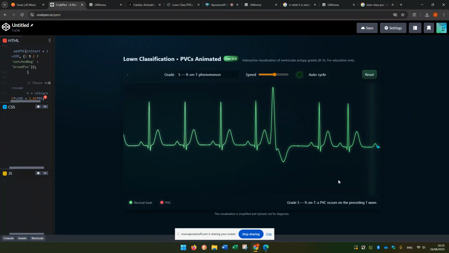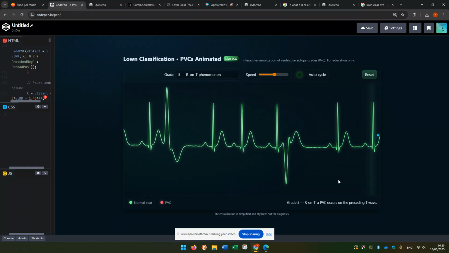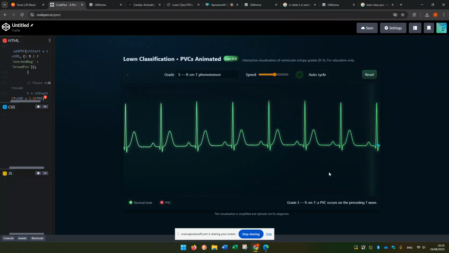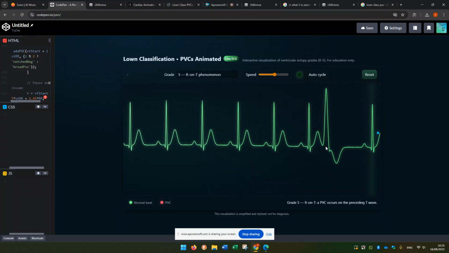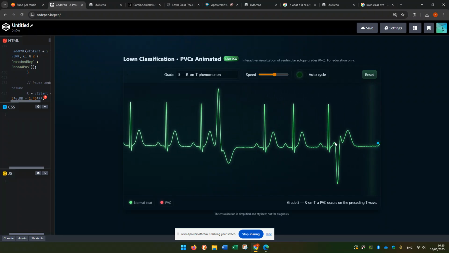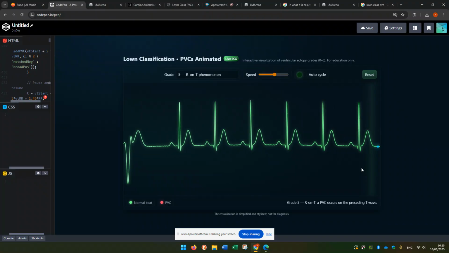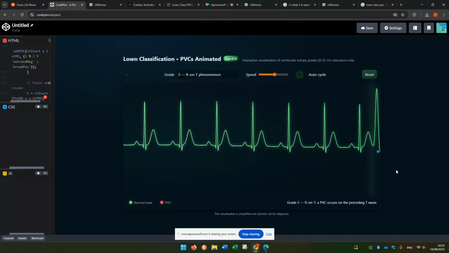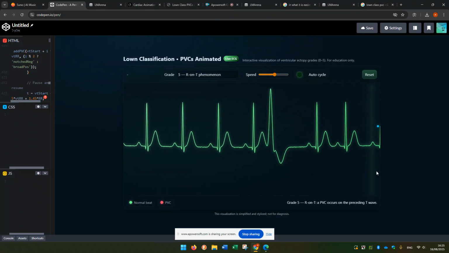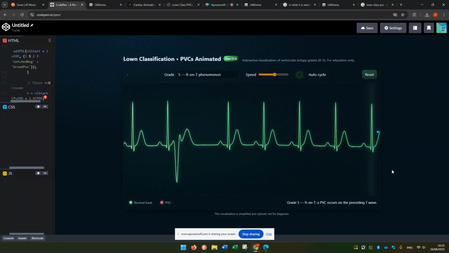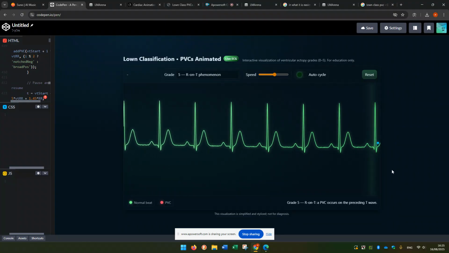It can create areas of electrical activity that can cause ventricular tachycardia and fibrillation. This is the most dangerous type of PVC. You can see here, this PVC is on the T wave, and it's the most dangerous one. This is Lown grade 5, very dangerous.